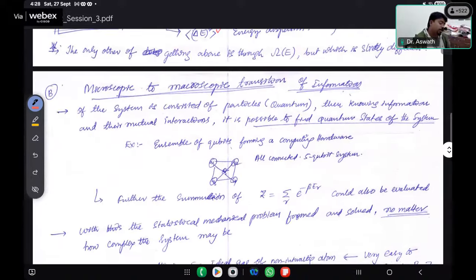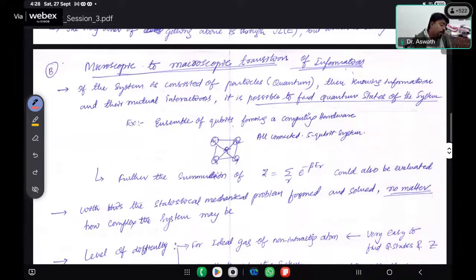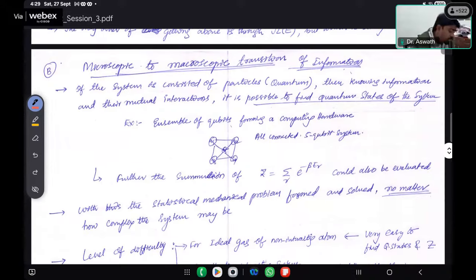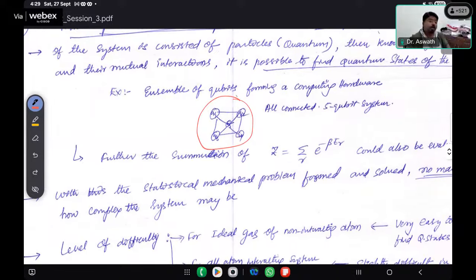Now, if I want to connect a microscopic to macroscopic transition, how and why we want to do it is, let's say I have an ensemble of qubits. Let's say an IBM 5 qubit system. Qubit 1, qubit 2, qubit 3, qubit 4, they are well connected. Now, am I allowed to write a partition function for this?